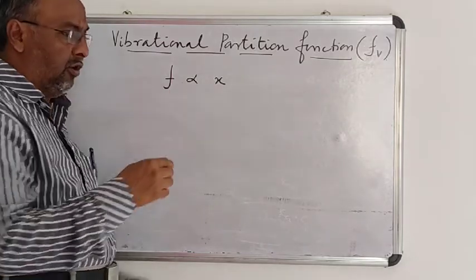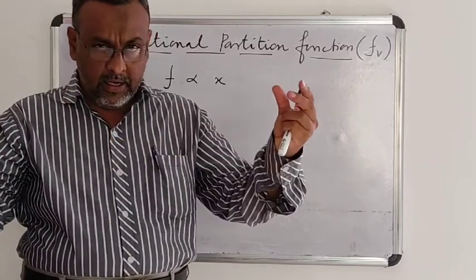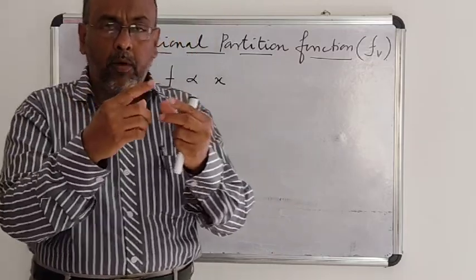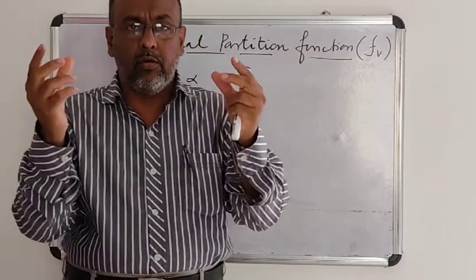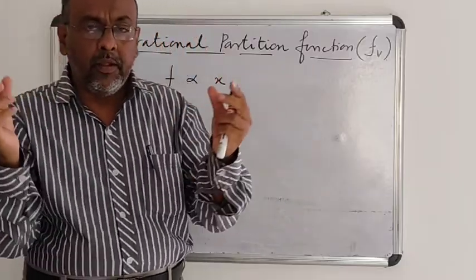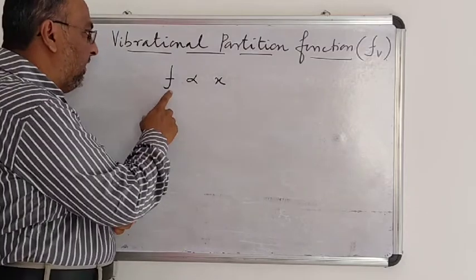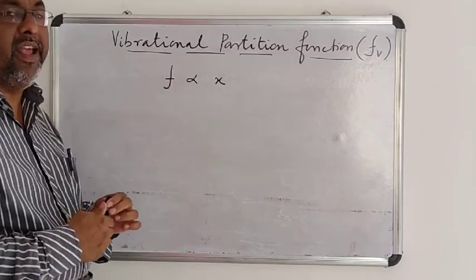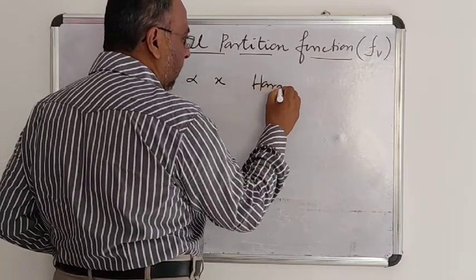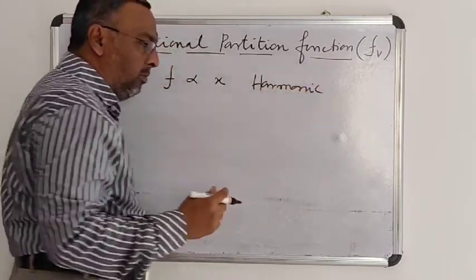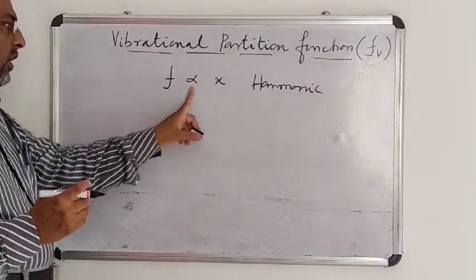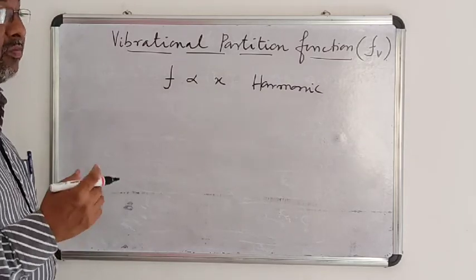When the molecule vibrates, it tries to come back to its original position, and the bond between the two atoms in a molecule is taken as a spring. This restoring force is directly proportional to displacement x in the case of harmonic oscillators.